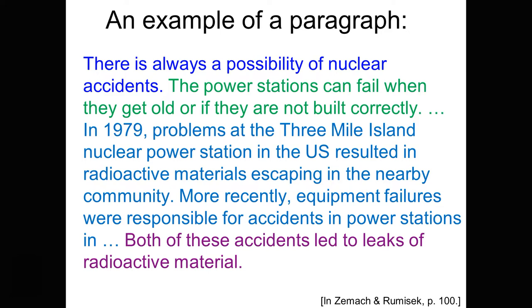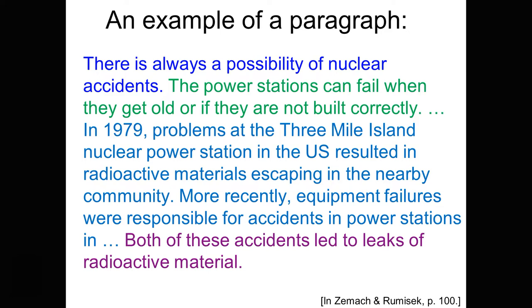You can see the dark blue at the top says there is always a possibility of nuclear accidents. So if this was an essay that came across my desk and I was reading it, I would look at that and I would make a judgment that in this paragraph, this student is talking about the possibility of nuclear accidents. So everything under that is going to be evidence that backs up that point.